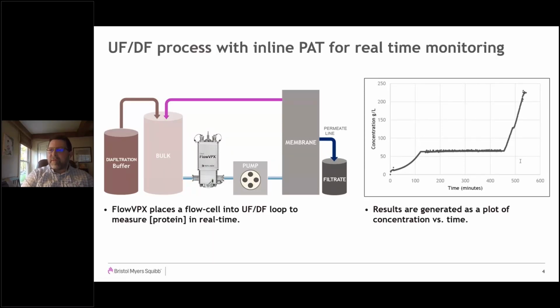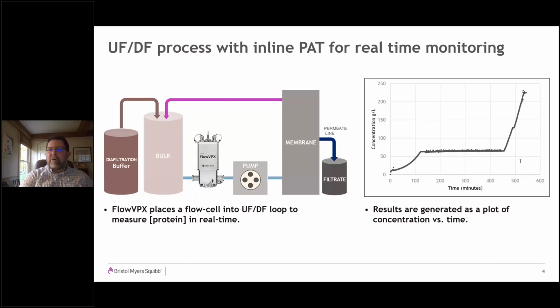So here we are, slide 4. I want to just describe the ultrafiltration diafiltration process to people who are not familiar with this manufacturing step. This can be done on any substance, but typically it is done on a macromolecule, like a protein, where you want to exchange the matrix and/or concentrate the material.